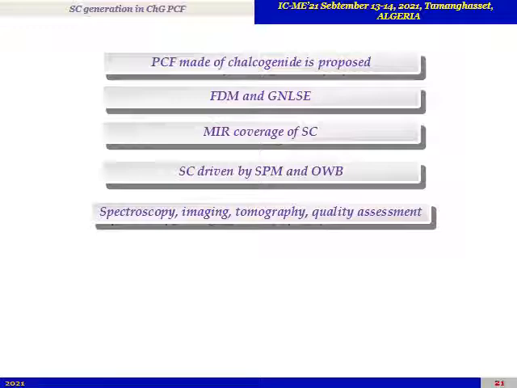The supercontinuum is initiated and driven by self-phase modulation and optical wave breaking. The proposed mid-infrared source can be used for a wide range of applications such as spectroscopy, imaging, tomography, and quality assessment.